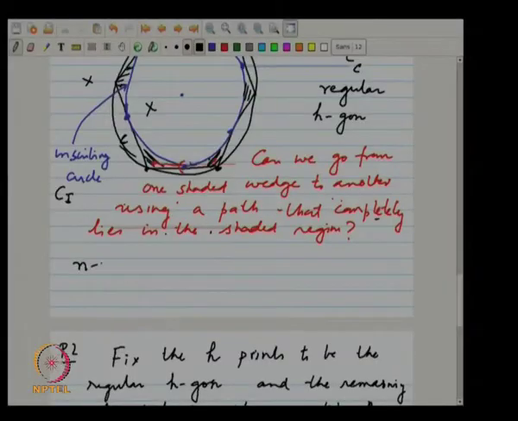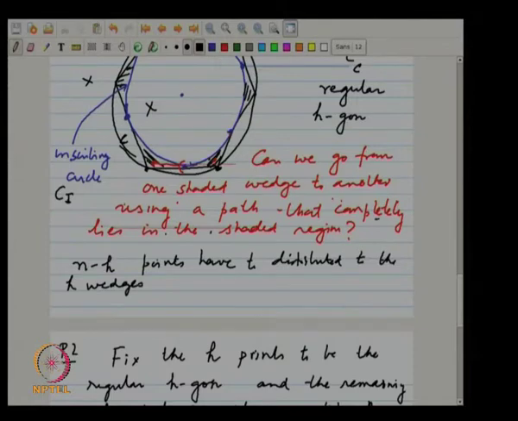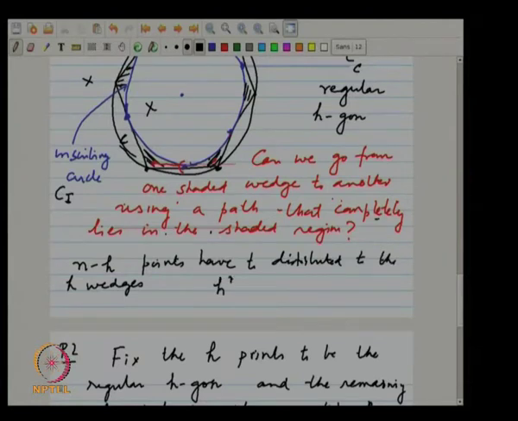So, n minus h points have to be distributed to the h wedges. How many ways can you do that? Right. So, h to the power n minus h.